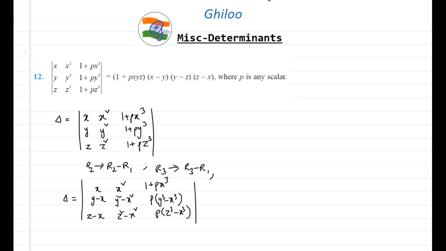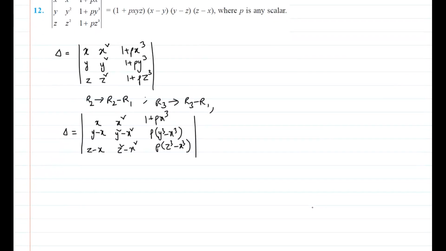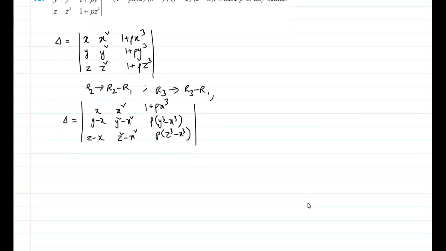So now as you can clearly see here, we can bring out y plus x times y minus x from y square minus x square, and same with the third row. And in the third column itself you can see that y cube minus x cube are in the form of a cube minus b cube. So ultimately we can take y minus x and z minus x common from row 2 and row 3 respectively, because one element common, that is y minus x, is present in row 2, and similarly z minus x in row 3.